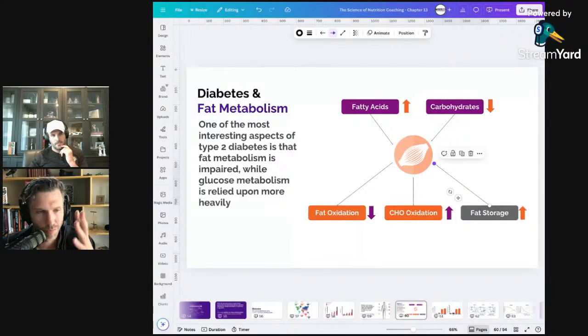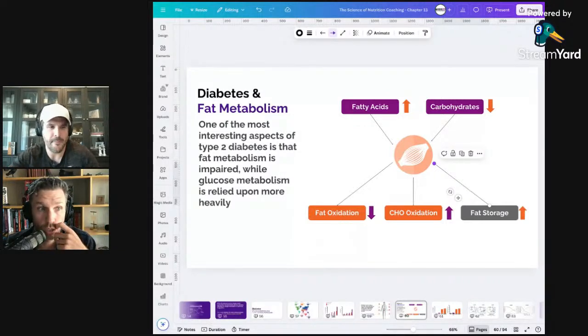This is related mostly to mitochondrial health and things like that. You increase your carbohydrate oxidation and you increase the fat storage inside your muscle tissue. So at its basic level, it's the opposite of what most people think. Most people think, oh, I can't burn carbohydrates. It's like, no, your cells are burning more carbohydrates, but your body's not shoving it from your bloodstream into your peripheral tissue like it should.